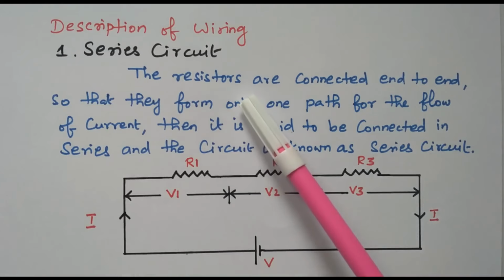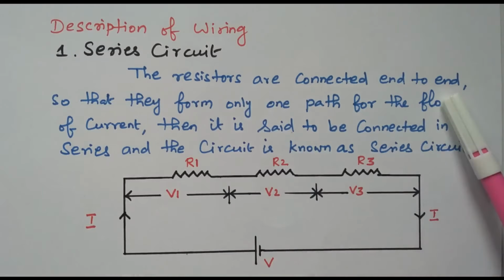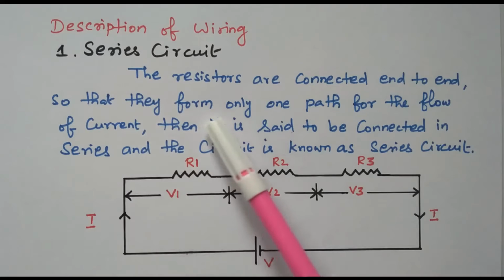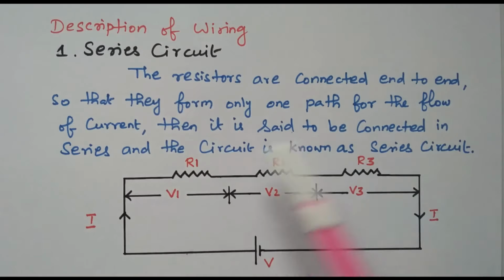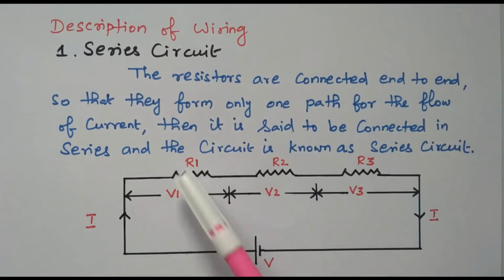So in the series, the resistors are connected end to end so that they form only one path for the flow of current. Then it is said to be series connected and the circuit is a series circuit. The voltage will be divided, current will be the same, only one current is flowing.